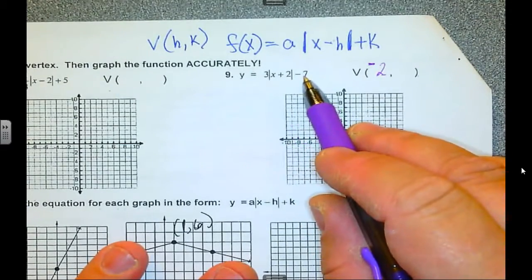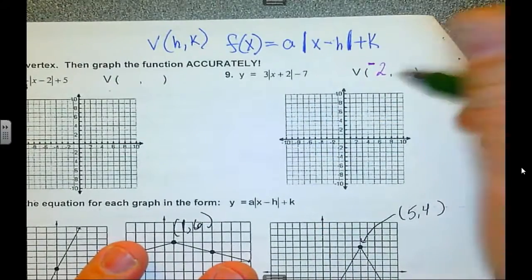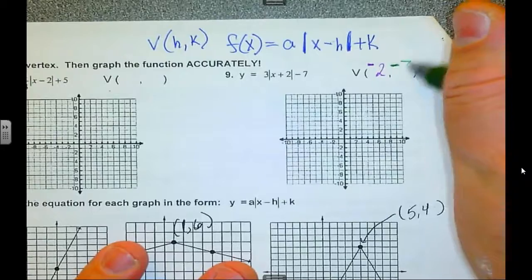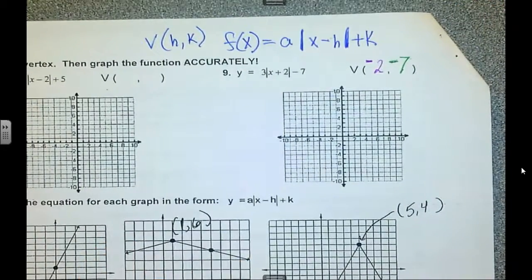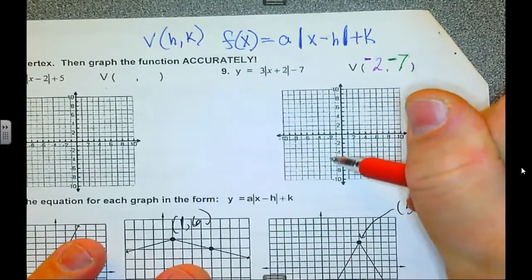Same with the k. I need to change the sign as well, so it's going to be a -7. So there's my vertex, -2, -7.